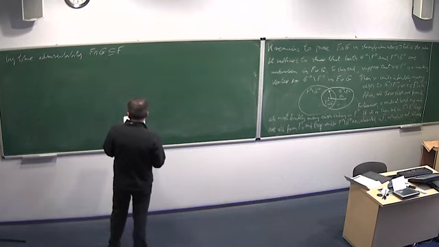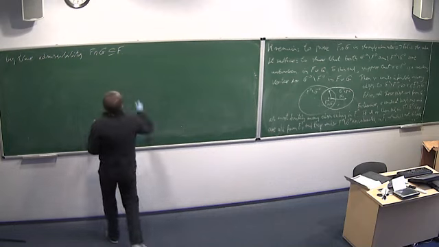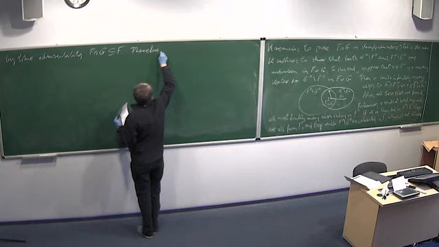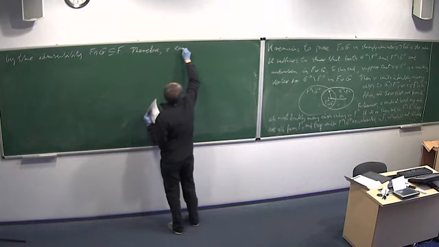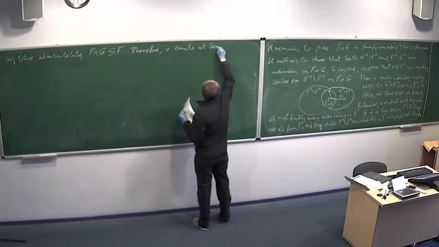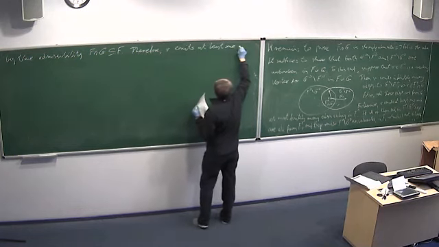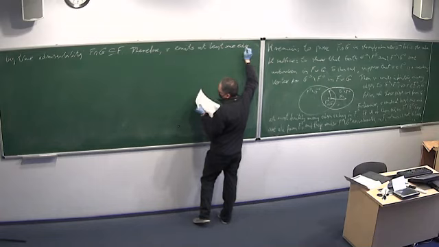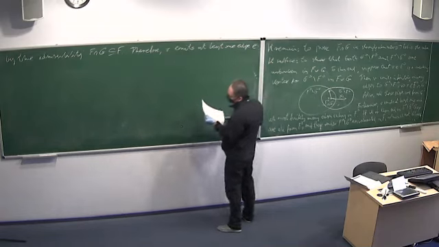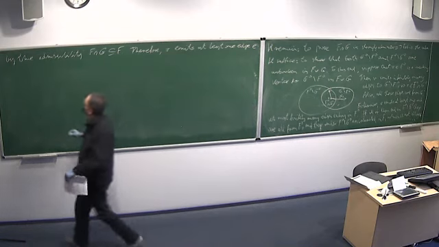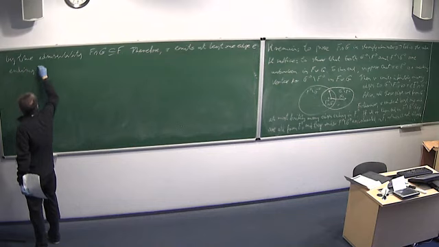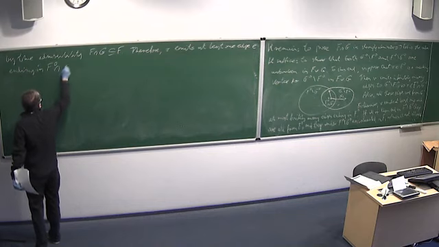Okay, so therefore, V emits at least one edge, call it E, ending in F naught intersect G naught.